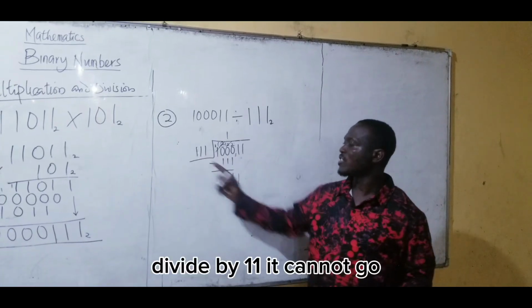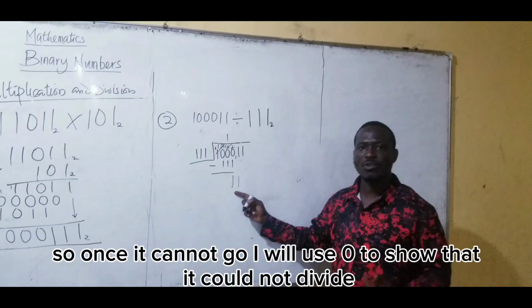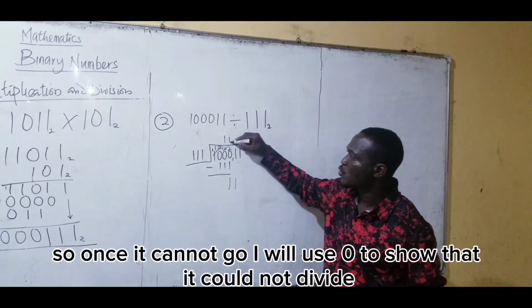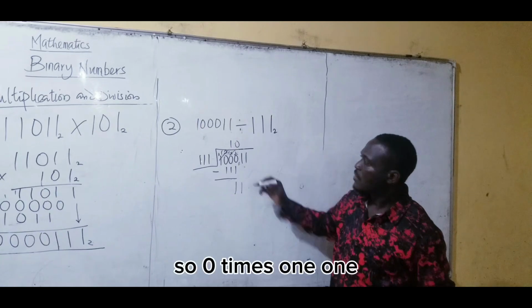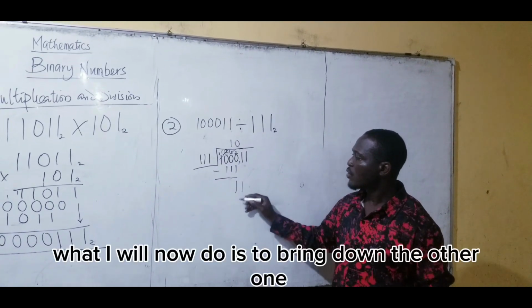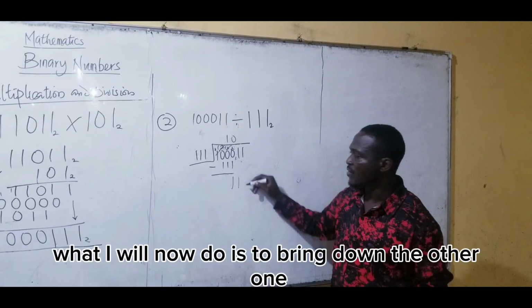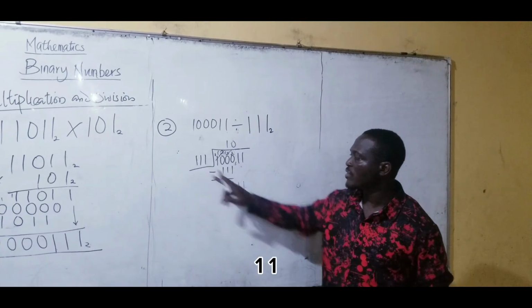So 111 divided by 11, it cannot go. So once it cannot go, I will use 0 to show that it could not divide. So 0 times 111 will still give me 0. What I will now do is to bring down the other one, which is this. So I now have 111 dividing 111.